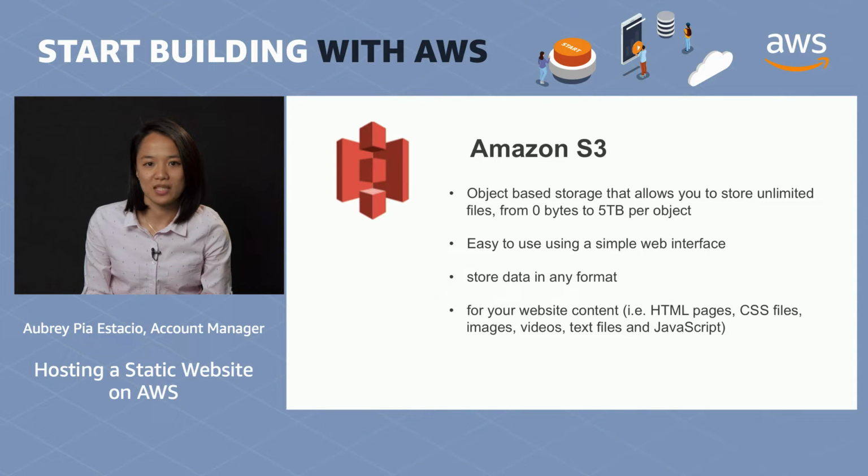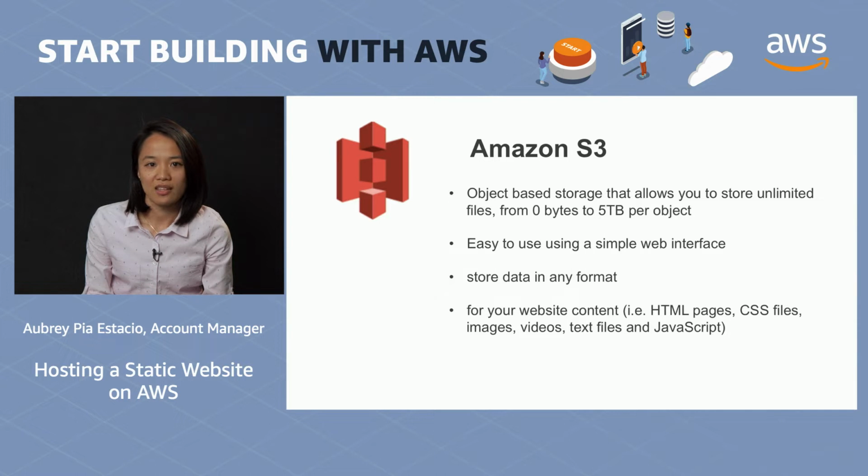To store your website content, we will use Amazon S3, which stands for Simple Storage Service. S3 is one of the first services produced by AWS. S3 is an object storage with a simple web interface to store and retrieve data from anywhere on the web, which means you can manage the service by simply logging into the AWS console.